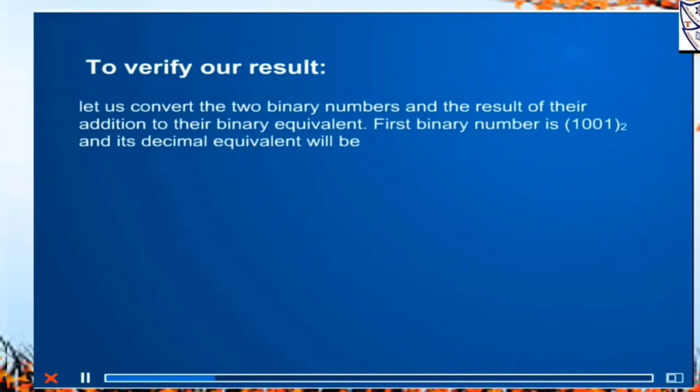Let us convert the two binary numbers and the result of their addition to their decimal equivalent. First binary number is 1001 base 2 and its decimal equivalent will be 1 into 2 raised to the power 3 plus 0 into 2 raised to the power 2 plus 0 into 2 raised to the power 1 plus 1 into 2 raised to the power 0.